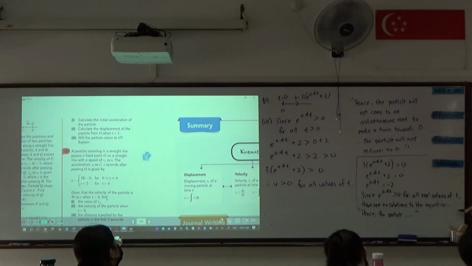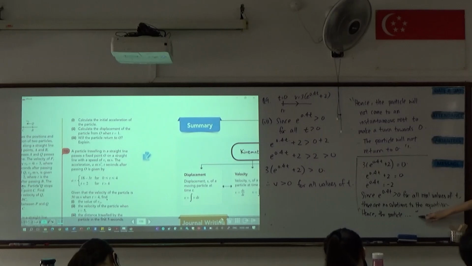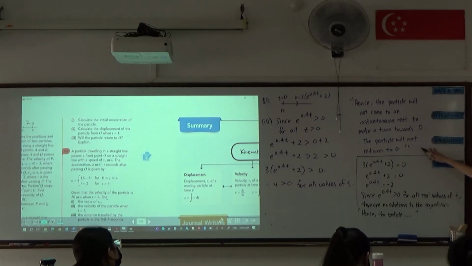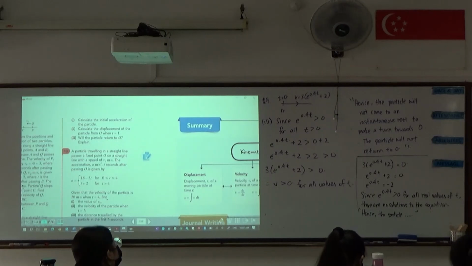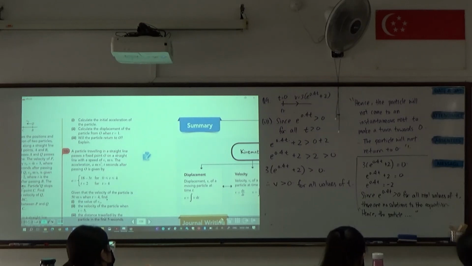Then after that, conclude. You need to say that hence the particle will not come to instantaneous rest, make a turn towards O, and the particle will not return to O. This explanation remains the same at the end. So this is an alternative.